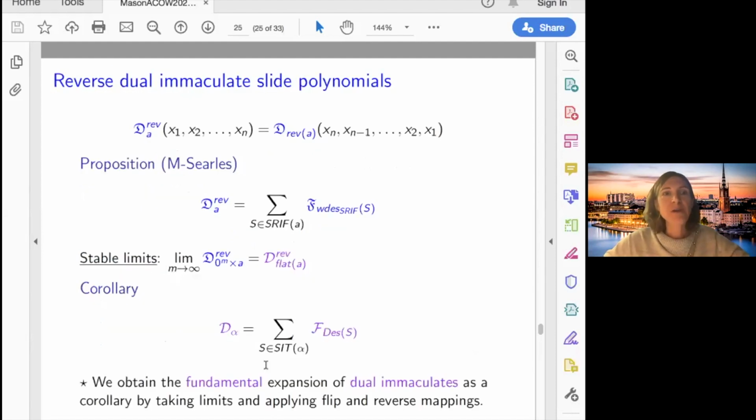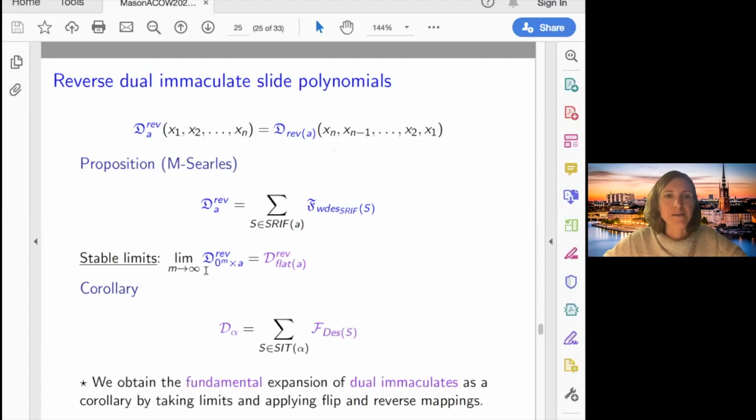However, if we move to our reverse dual immaculate slide polynomials, which now again we can flip and reverse, we get this formula, the expansion into fundamental slides. We can now get for free from our dual immaculate slides into Young fundamental slides by taking flip and reverse of both sides.